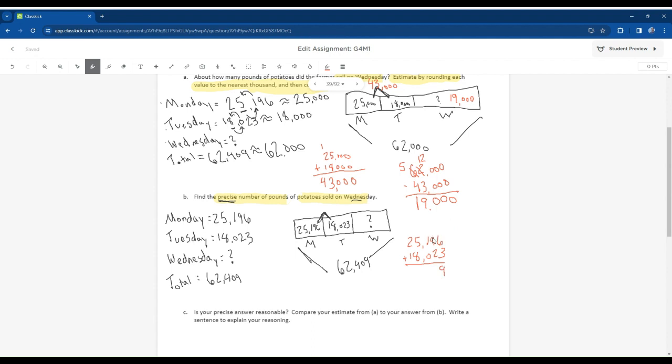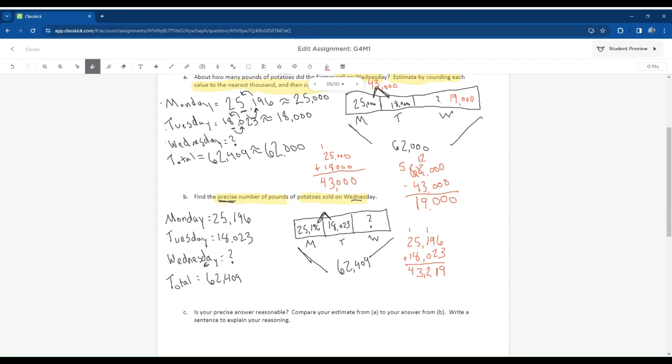This is a 9. Plus 2 is 11. Let's bring down the 1. Carry the 1 up here. In my hundreds place, 1 plus 1 is 2. 5 plus 8 is 13. And 1 plus 2 plus 1 is 4 to make 43,209.